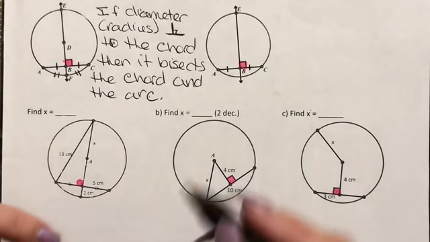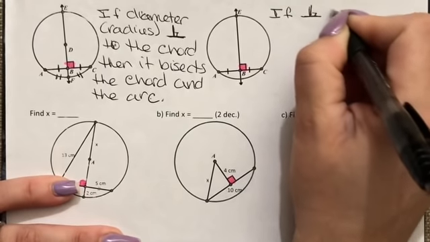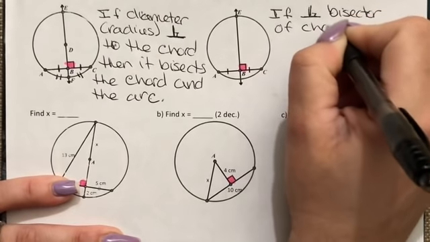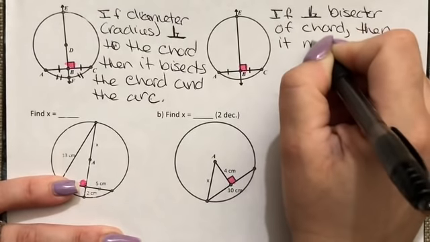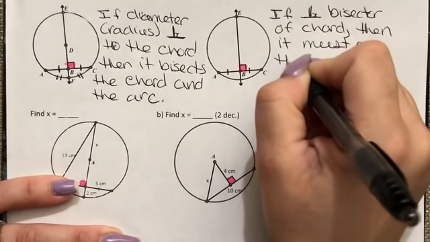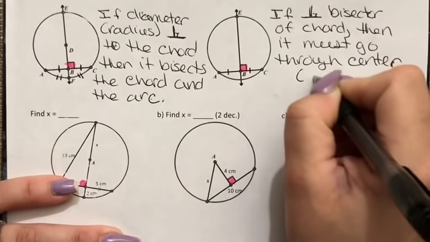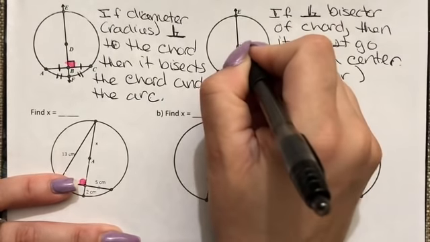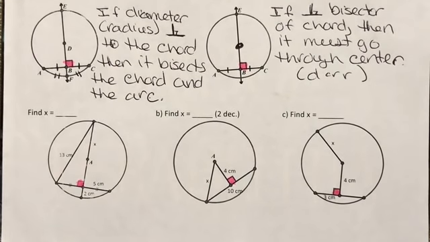In the second circle, I can say, if there's a perpendicular bisector of the chord, then it must go through the center, which means it must be a diameter or a radius.